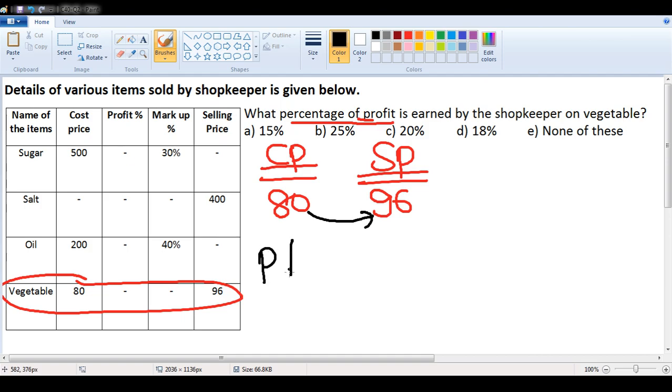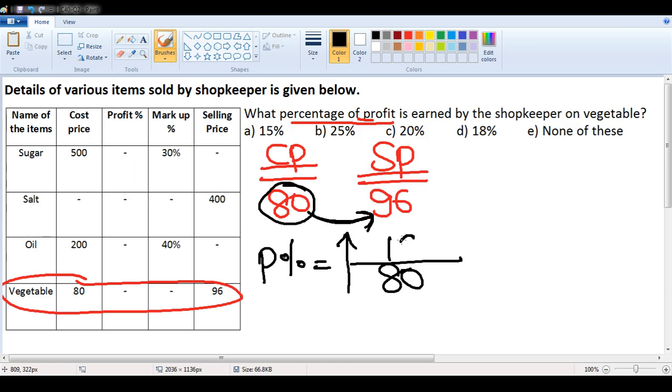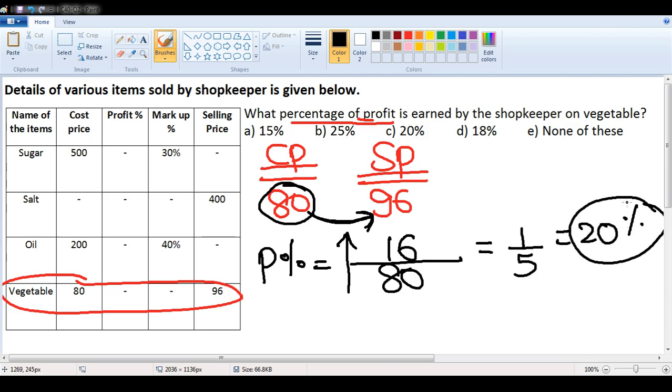The denominator is always the initial value, so write 80 in the denominator. 80 is becoming 96, an increase of 16. 16 by 80 is 1 by 5, which is 20%. Easy question to solve. Idea clear? Answer for this question is 20%.